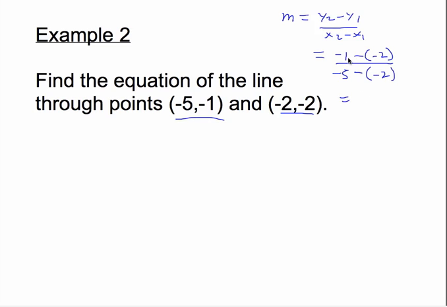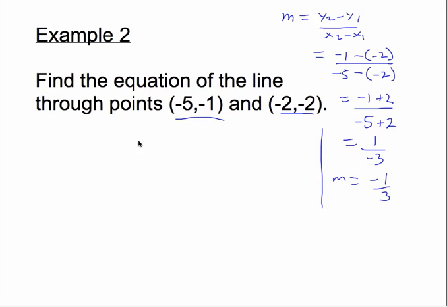So that's like -1 plus 2, and in the denominator we have -5 plus 2. And that is 1 over -3, which is -1/3. That is the slope.